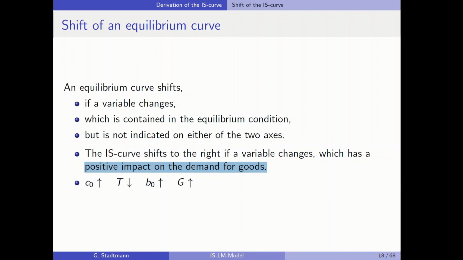Right now, we have just focused on the IS relationship and we derived the IS curve and the characteristics of the IS curve. In the next video, we will focus on the LM relationship. So the same procedure as in this part of the lecture. And then in a third step, when we have derived the ISLM model, then we want to work with the ISLM model. So it's very, very important that you get the basics.